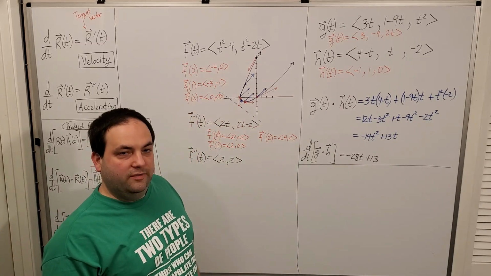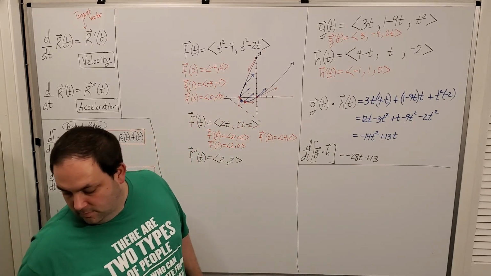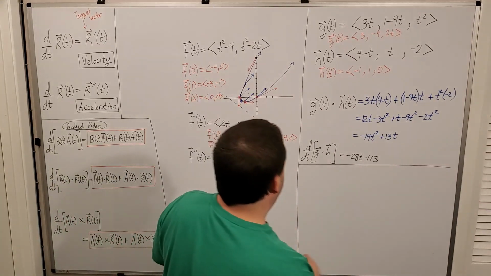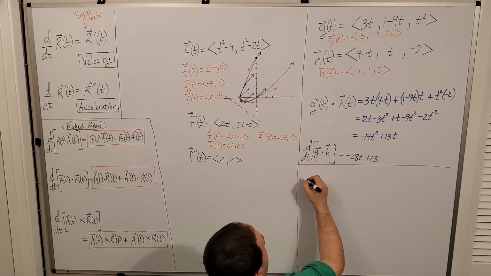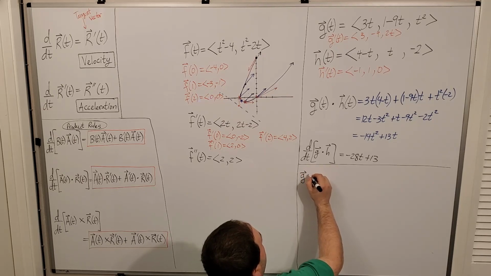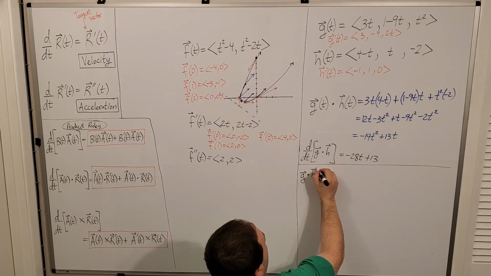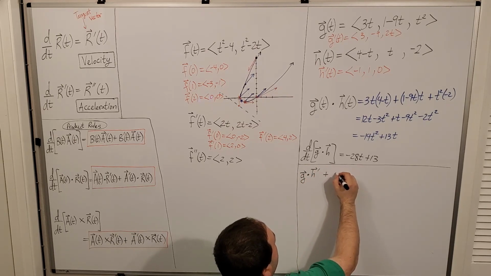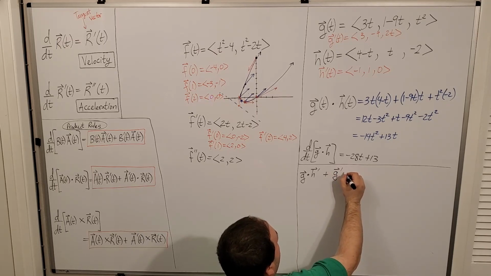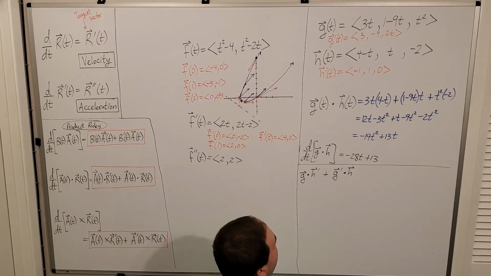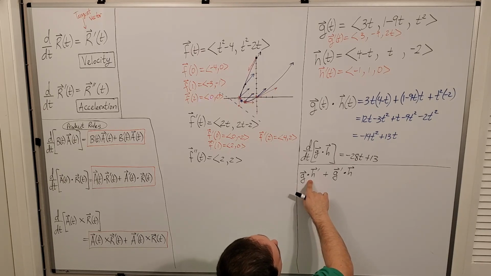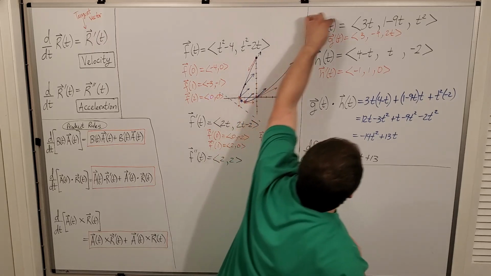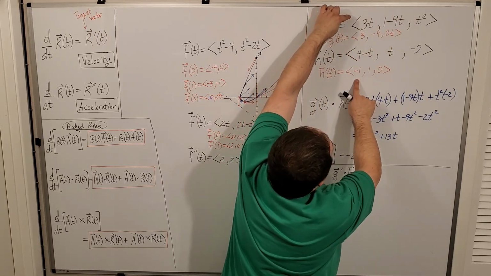It's a constant derivative on that one. Okay. So then g dot h prime plus g prime dot h vector functions. So g dot h prime, right? This is g, and I'm dotting it with h prime.